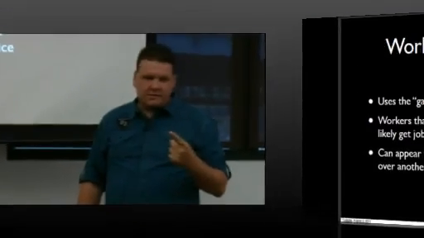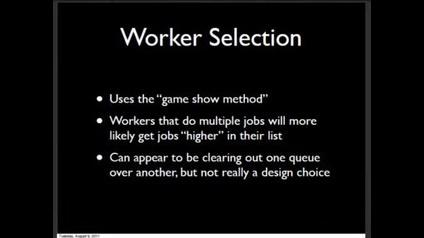The last part is when you have a single worker process that knows how to do multiple jobs, the order in which he will be prioritized for work is directly affected by the order in which he advertises what he knows how to do.